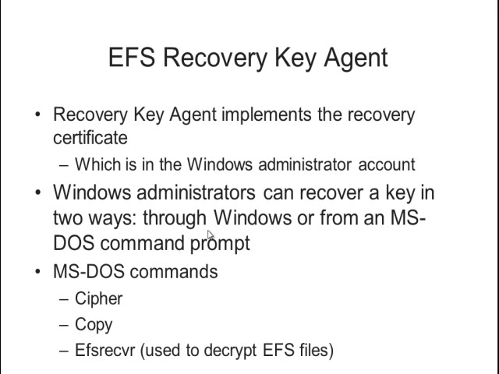Windows administrators can recover a key in two ways, through Windows or from an MS-DOS command prompt, with the following MS-DOS commands: the cipher command, the copy command, and EFSrecover, which is used to decrypt EFS files.